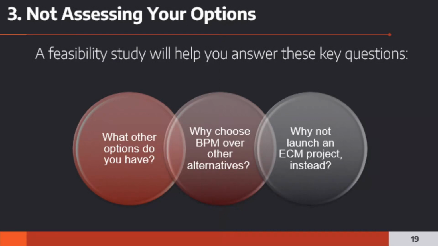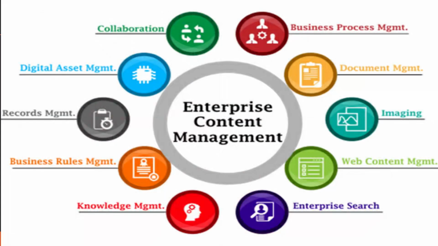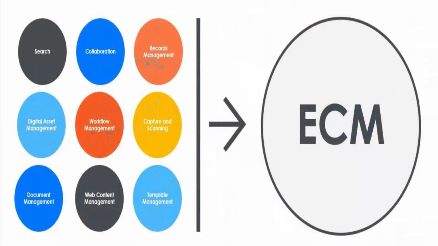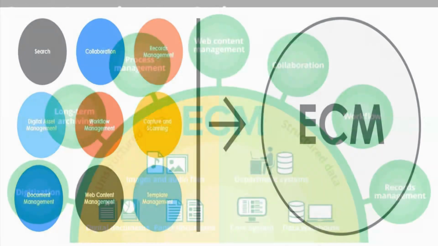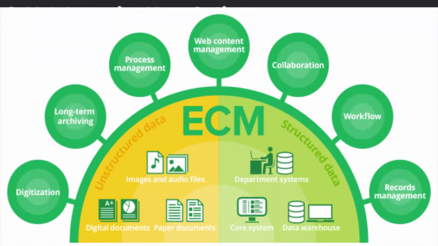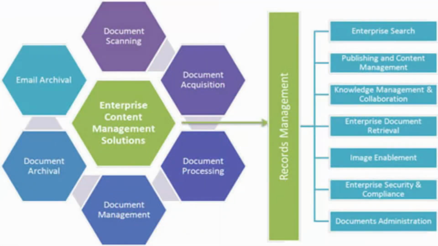Like for example, on the third question, why not launch an ECM project instead? ECM stands for Enterprise Content Management. So ECM is a strategy. It's also another method, just like your BPM. It's also a tool used to capture, manage, store, preserve, and deliver content and documents related to organizational processes.